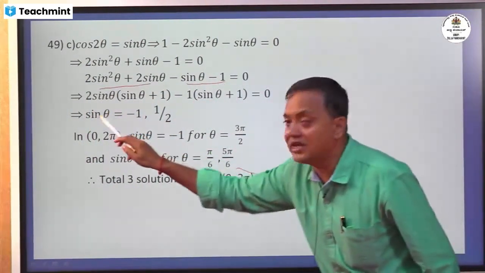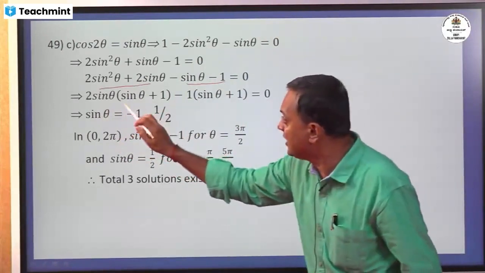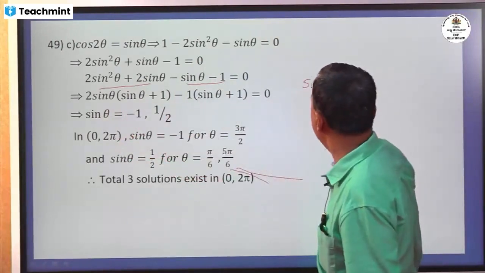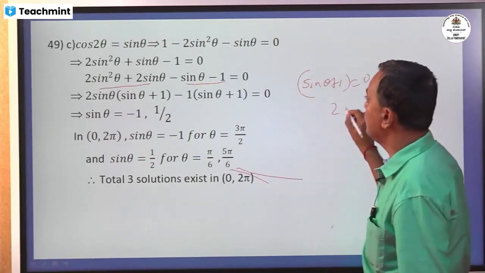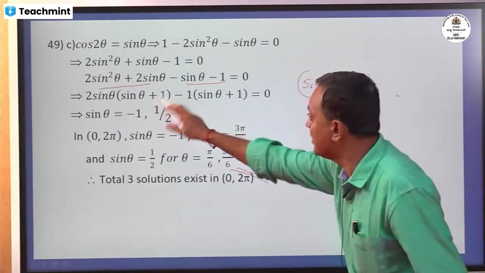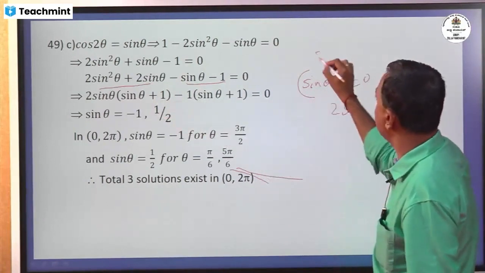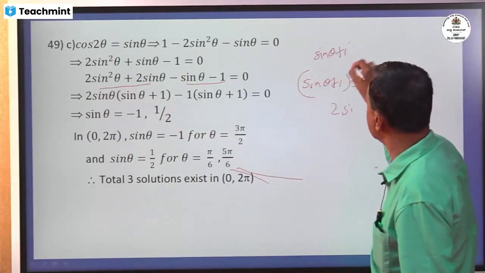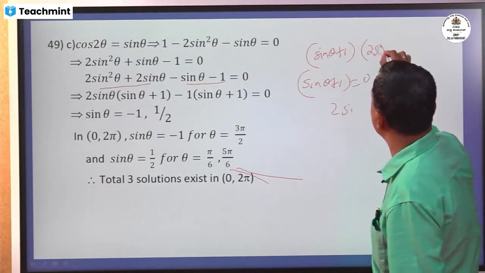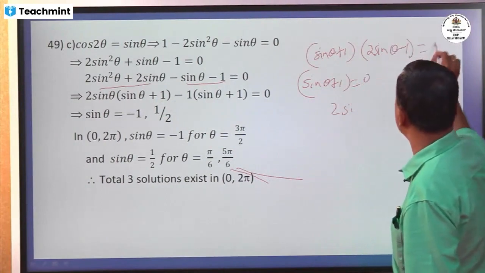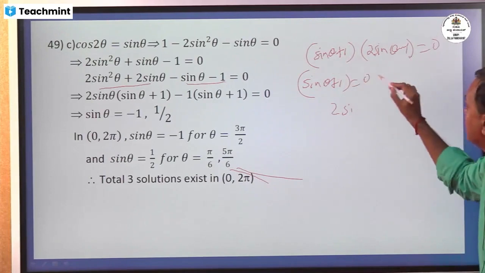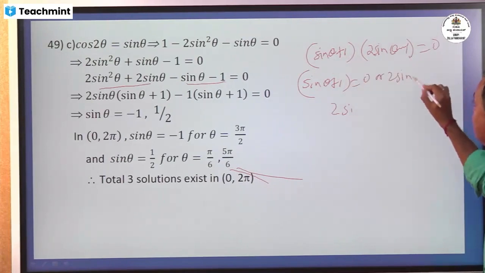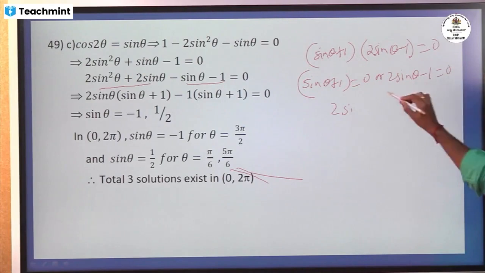So sin theta plus 1 is common, remaining is 2 sin theta minus 1 equal to 0. Product of two factors is 0 means either the first factor is 0 or the second factor is 0.